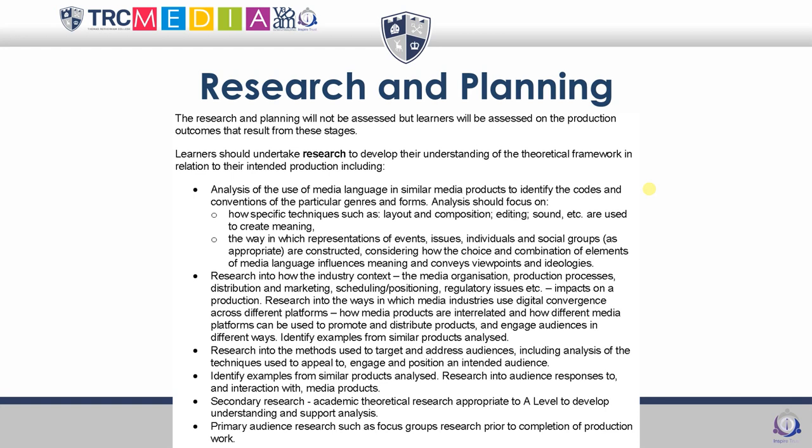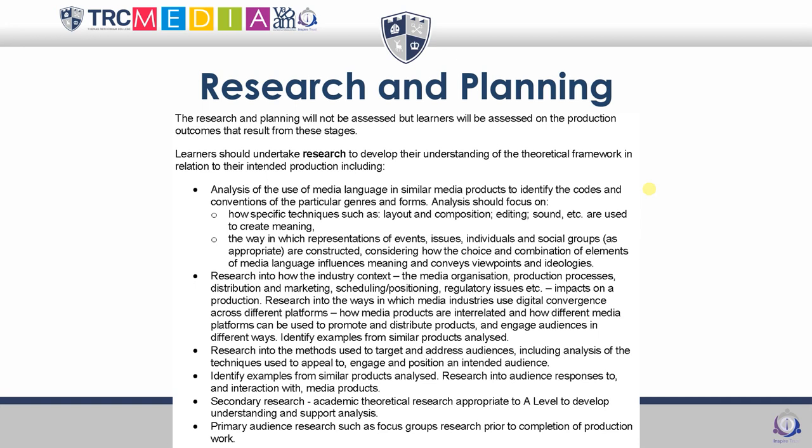Okay? So, you've got to analyse real media texts. That could be film posters, DVD Blu-ray sleeves, magazine pages, podcasts, YouTube videos. You've got to analyse them in terms of how they use codes and conventions to construct generic characteristics, how they link to the generic tropes and forms of that genre.